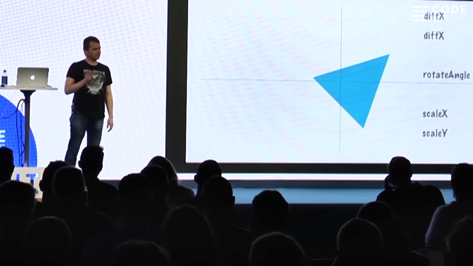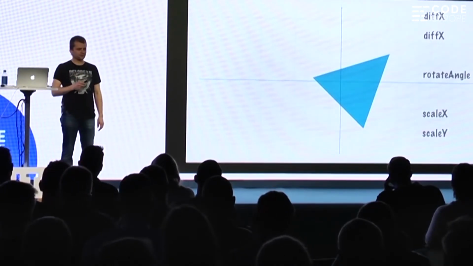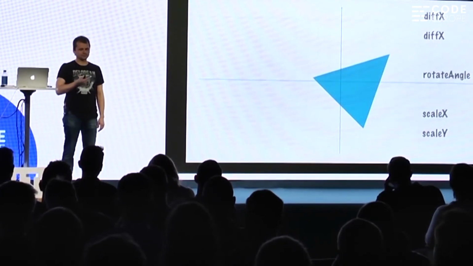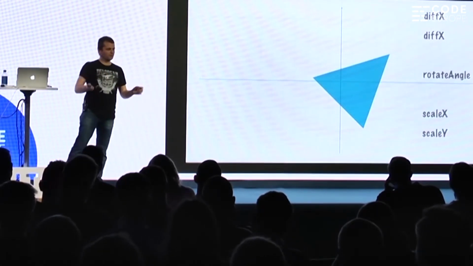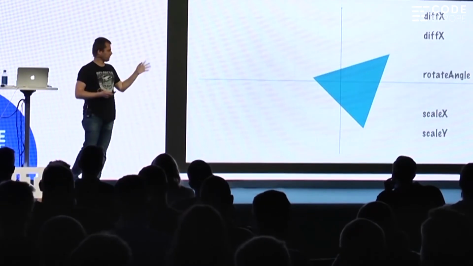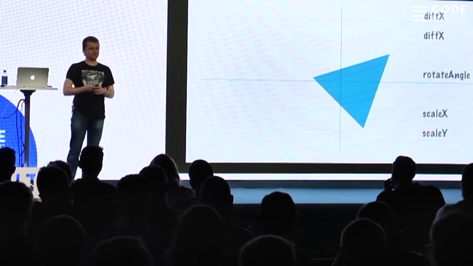And there is actually a limit for the number of attributes you can pass to the vertex shader. In the standard, it's like 8, so it's not a lot. Even then, multiplying all those things and remembering in which order I should multiply them to know what my triangle should look like at the end is not really an easy thing.